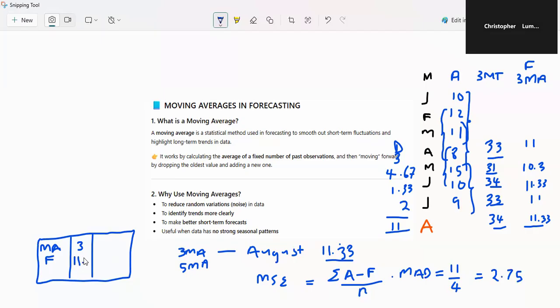And what was our error, or mean square error or mean absolute deviation, we found 2.75. Then we go to the five moving average as well. You do the same. So you'll be moving them in fives. 1, 2, 3, 4, 5. You get the average, you go to the next. You start from 12, you get the five of them. You average, you go to the next until you get them as well. Okay? Then you're going to compare.